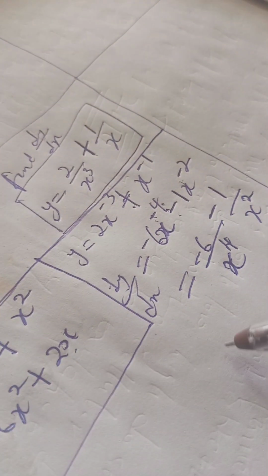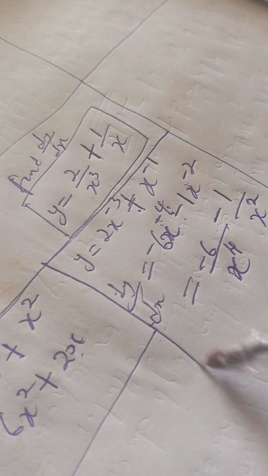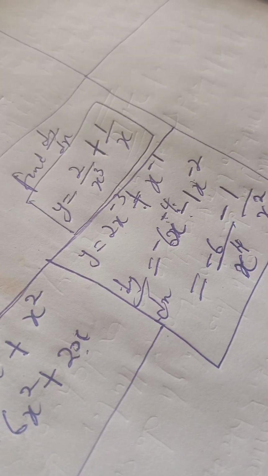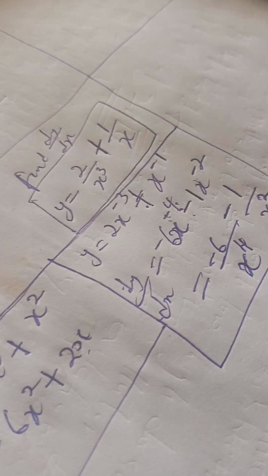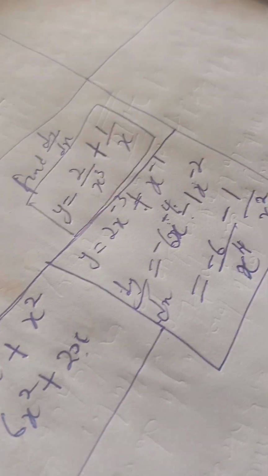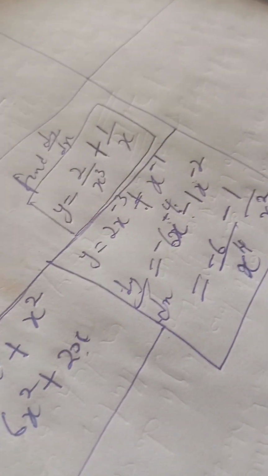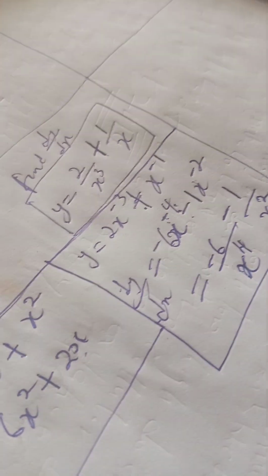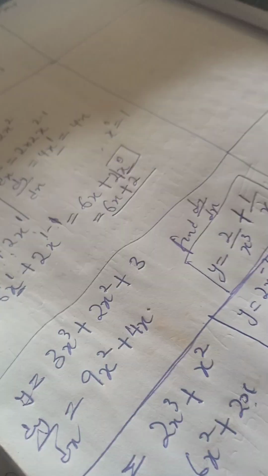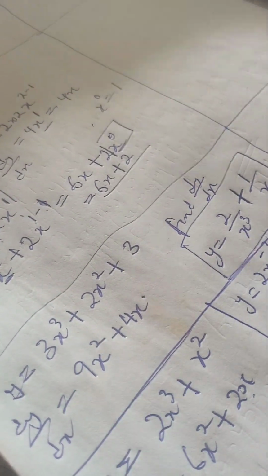So this is what actually happened. Anytime you see x raised to power minus 1, you're going to have 1 over x. X raised to power minus 2, you're going to have 1 over x squared. X raised to power minus 3, you're going to have 1 over x cubed. X raised to power minus 4 is going to give you 1 over x raised to power 4. So just note it. So this is what dy/dx will give you.